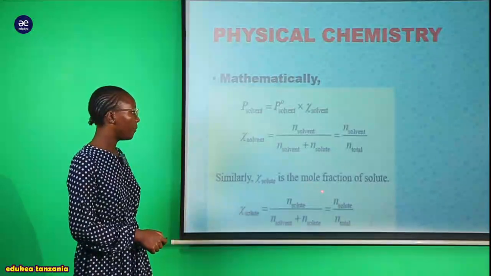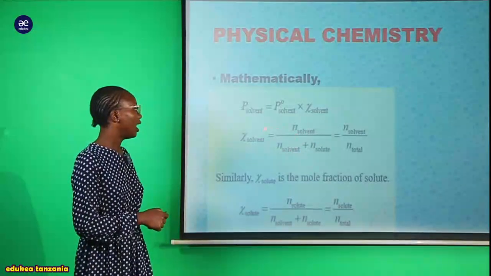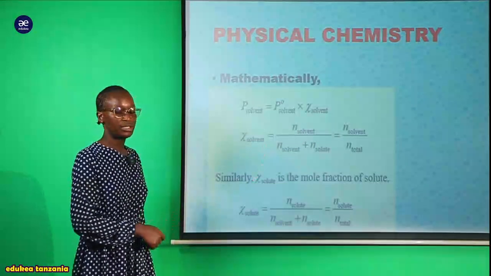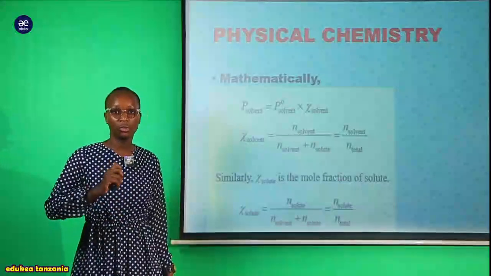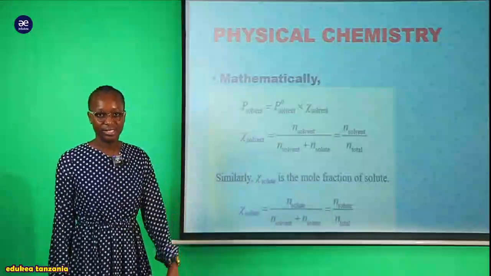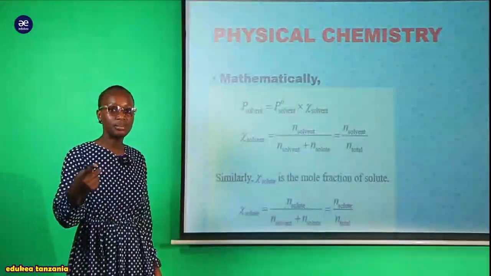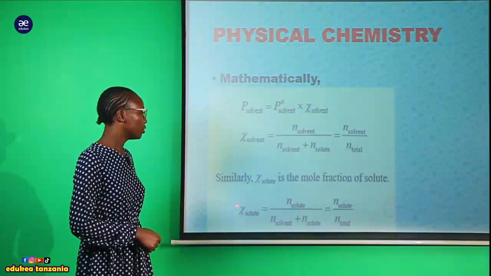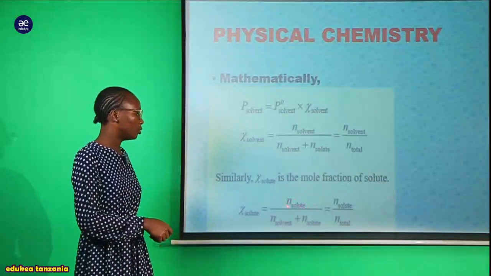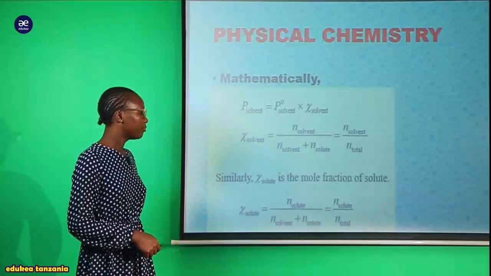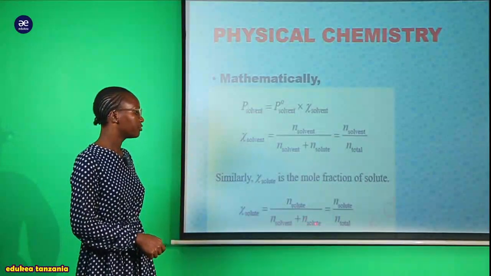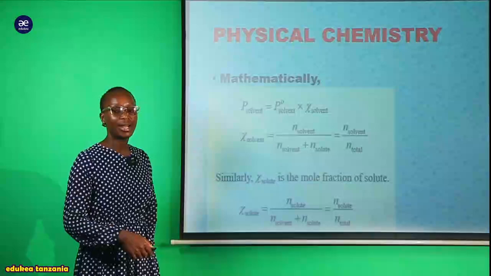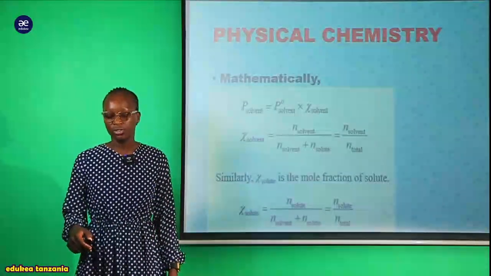Therefore tunakuja kusema kwamba sasa hapa tulikuwa tunaangalia the mole fraction of the solvent. Sasa what about the mole fraction of solute? Inakuwa ni similar, ni kitu kile kile kwamba the mole fraction of solute itakuwa sasa ni number of moles of solute over number of moles of solvent plus number of moles of solute, ambayo itakuwa ni sasa n of solute over n total.